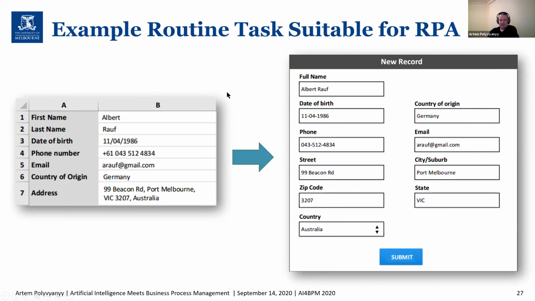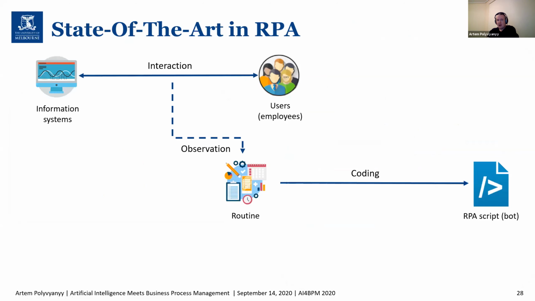Right, so here you see this form in Excel with student information, and then you need to transfer this information into the web form, and then click submit, and then this information is stored in the information system. And so how is it done at this moment? How do we do RPA now? There are solutions, there is a big industry behind this. So what is suggested is that we observe interactions of users with information systems.